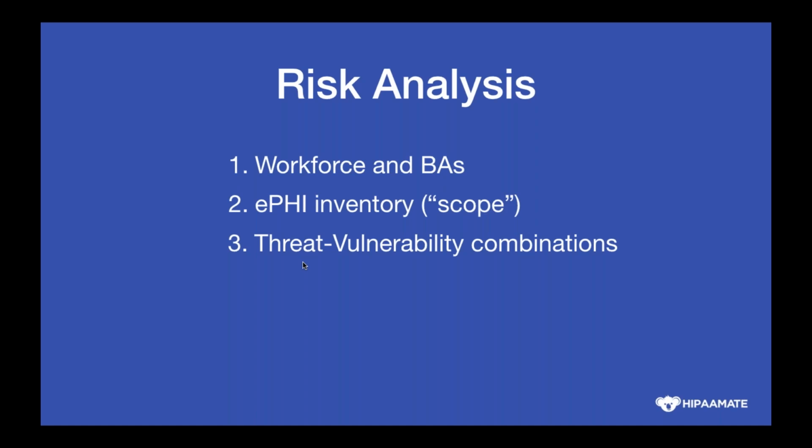But the idea here is that you get each threat that is, quote unquote, reasonably anticipated. You only look at threats that you reasonably anticipate. So I'm in Ohio. I do not reasonably anticipate an earthquake.